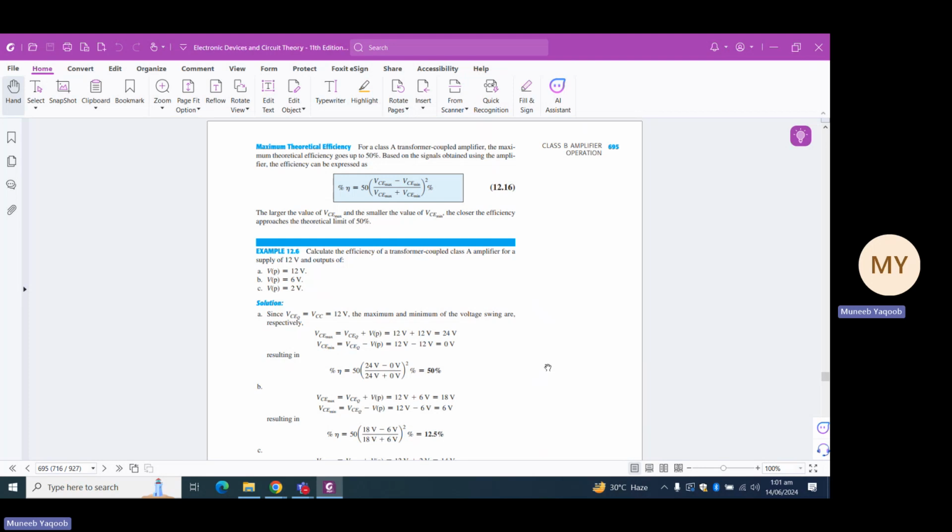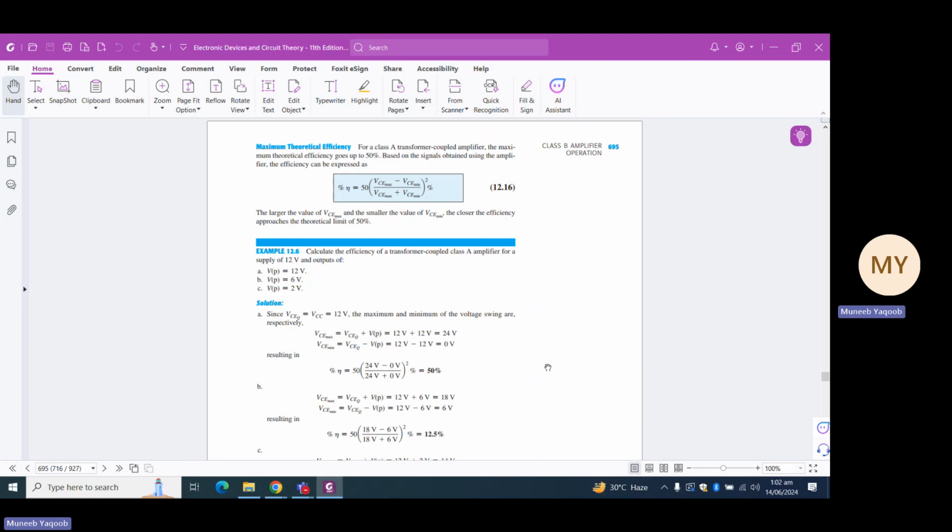So if you are given a peak to peak voltage or a peak voltage, then what we can do, we can basically add this peak voltage into VCEQ to get the VCE maximum, and we can subtract this peak voltage from VCEQ to get the VCE minimum. And hence we can very quickly and easily give the percentage efficiency of that transformer coupled class A power amplifier.